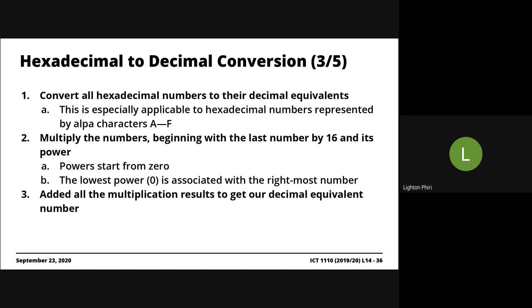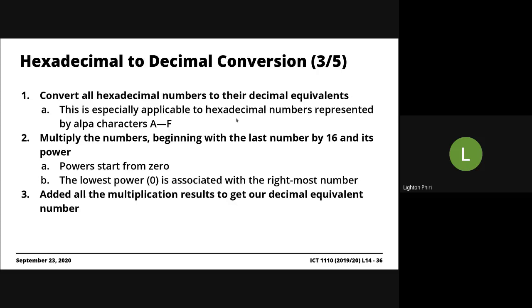So you arrange your number just like you would a decimal number, left to right, and then you associate the powers beginning at 0 from right to left. This will make sense once you go through an example, if you've forgotten the basic arithmetic that you did in primary school. The third and final step is you just add up the results of multiplying the numbers with their powers.